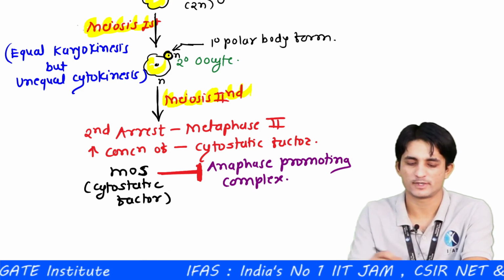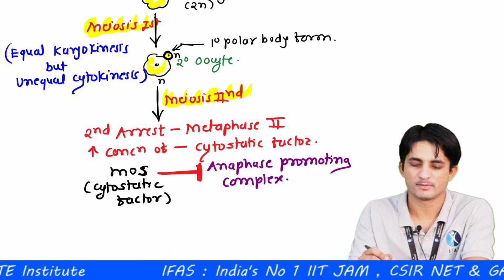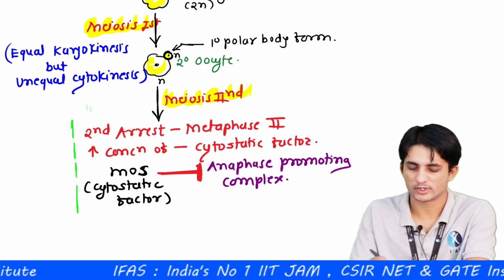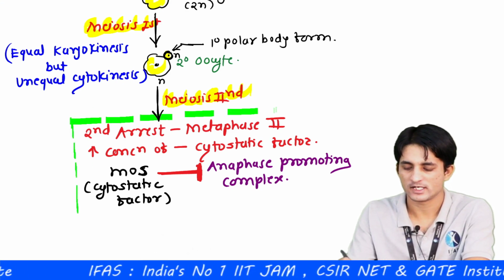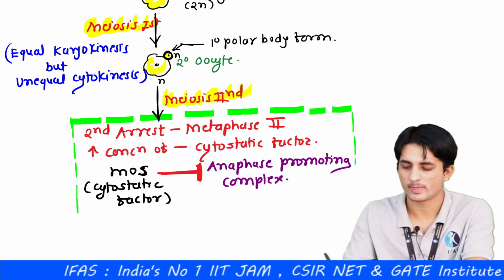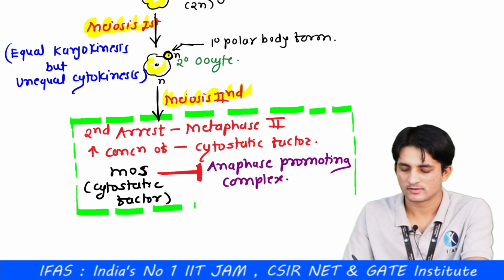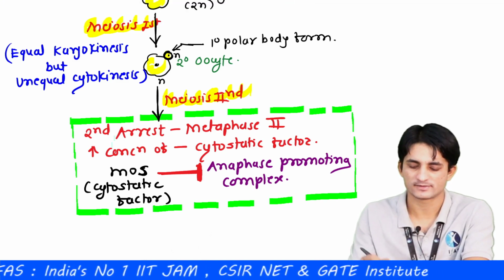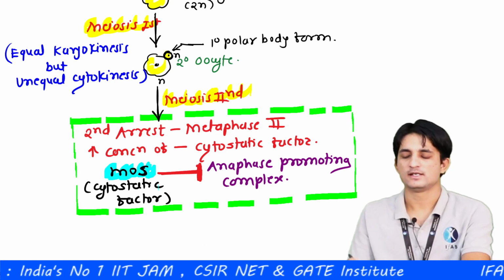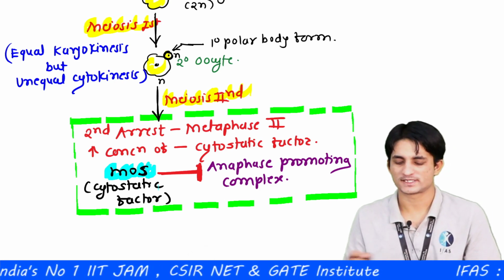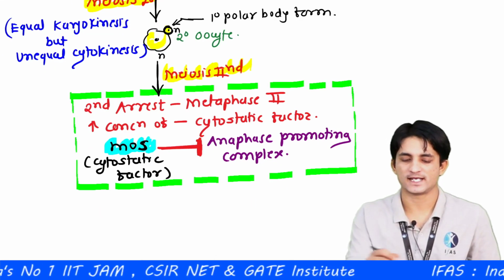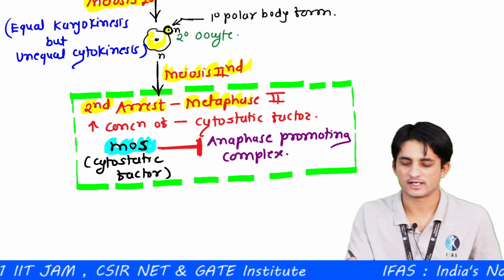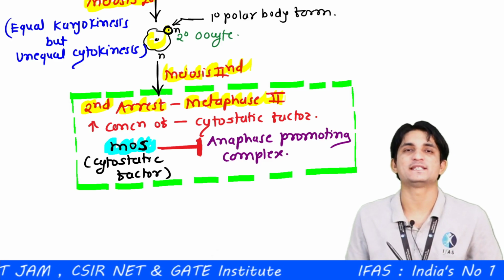They do not complete metaphase and are unable to enter anaphase because the anaphase promoting complex is inhibited. This is the role of MOS. MOS is the cytostatic factor. These are kinases, they inhibit the anaphase promoting complex. Now this is the second arrest which occurs in metaphase second, and therefore the secondary oocyte remains arrested in metaphase second.